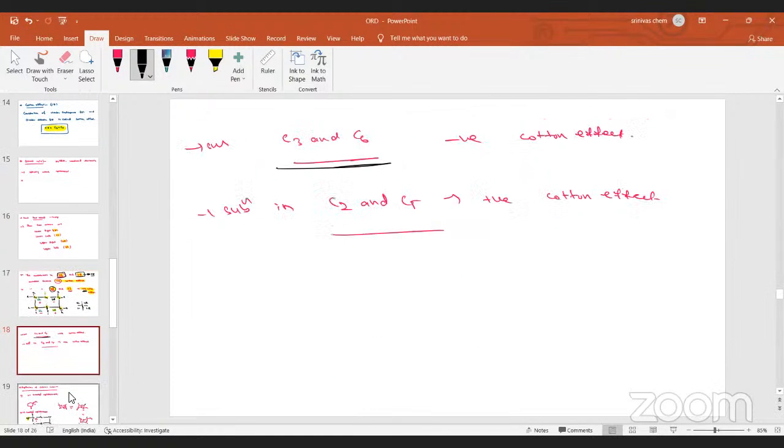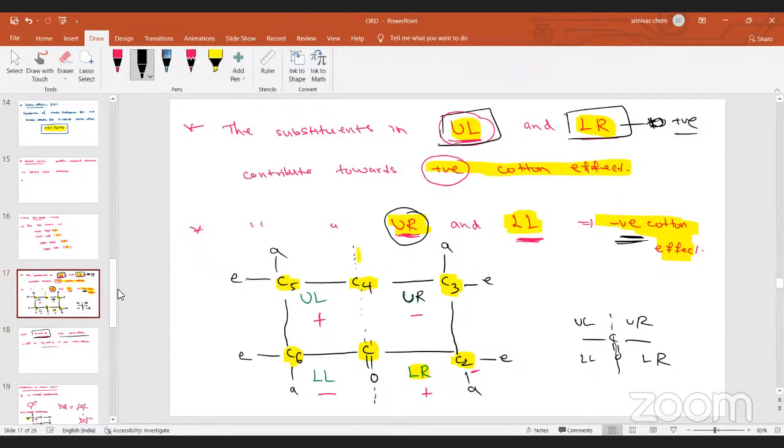See the chair conformation of the molecule. Substituents at C3 and C6 will show a negative Cotton effect. Where is C3?